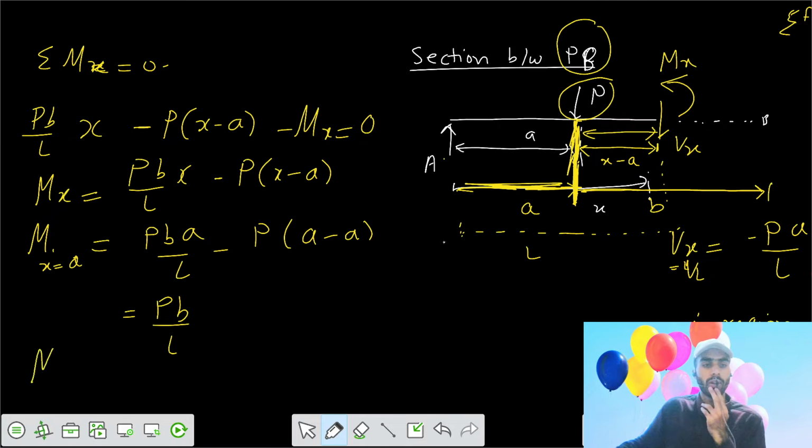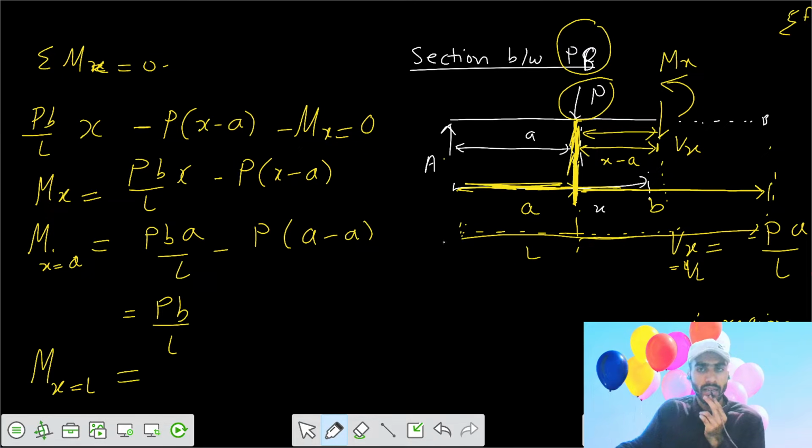Now if you want to calculate the moment when x varies from a and reaches point B, so x equals L, we want to calculate the moment at the end.